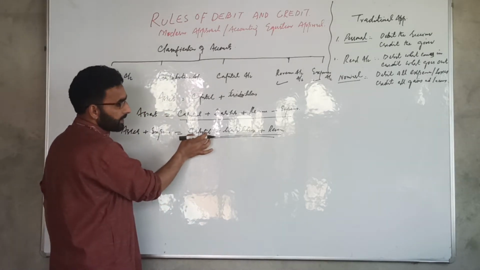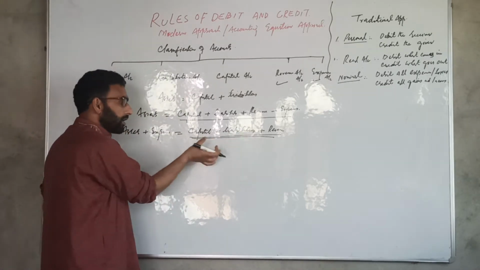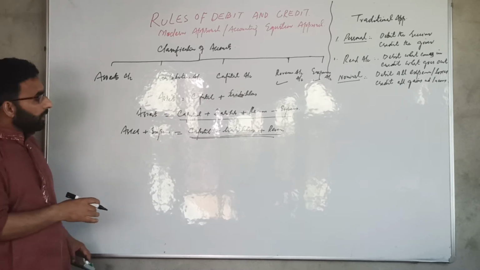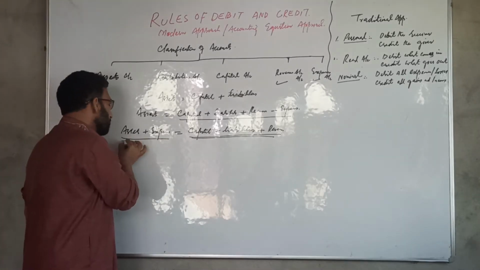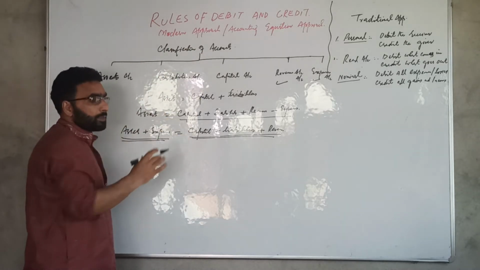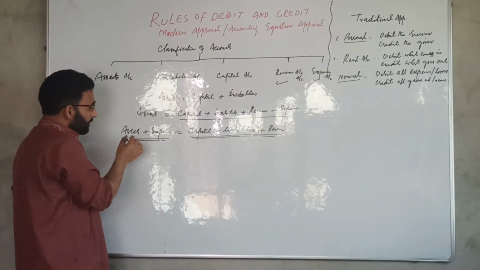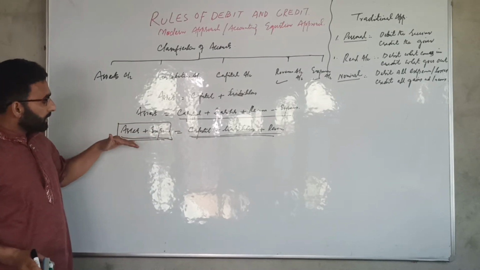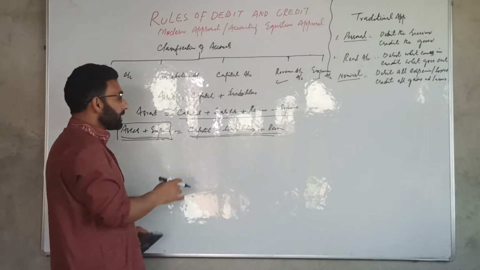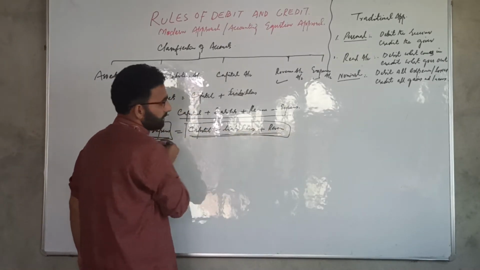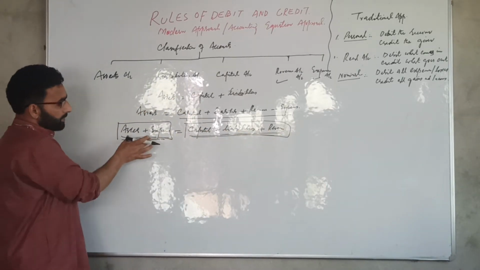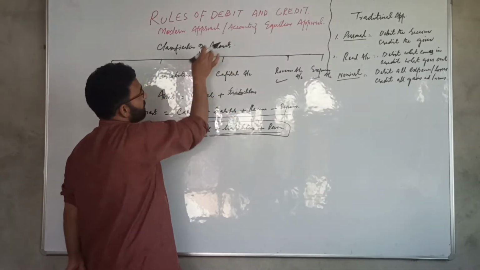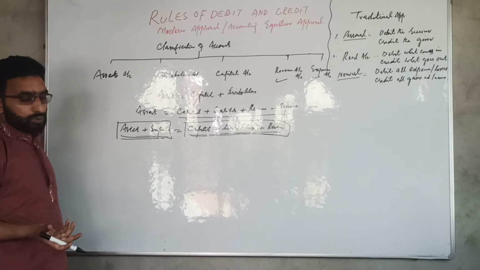These 3 terms, capital plus liabilities plus revenue, are always equal to these 2 terms, assets plus expenses. Now, as per the rule, all these accounts are grouped into 2 heads. For assets and expenses the rule is the same, and for these 3 terms the rule is the same as per the modern approach.